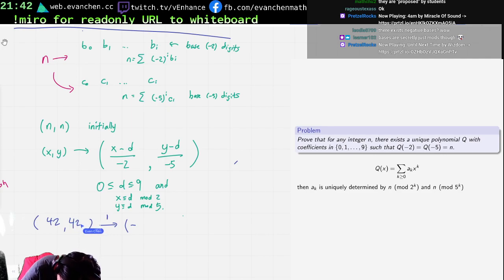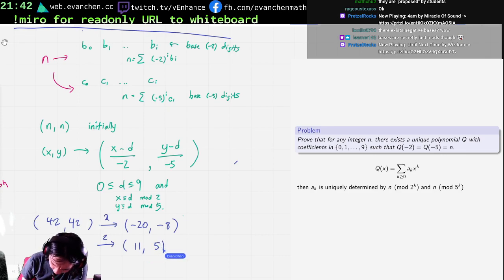Use the digit 2. Now this is -20, minus 8. Then I pick the digit, so I need an even digit which is 3 mod 5, so that should be 2, again. And then this is 11, 5. So it looks like the absolute values will almost always go down until you're in a very small situation.